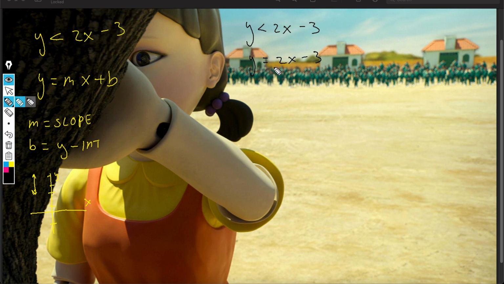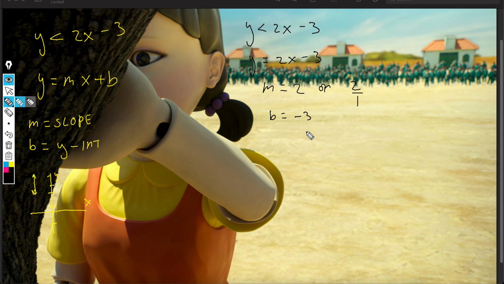So right here we got m is 2, or we could think of it as 2 over 1. Technically any whole number has an imaginary one underneath it. I don't know if you knew that, but that's just a general rule. Our b is equal to negative 3.